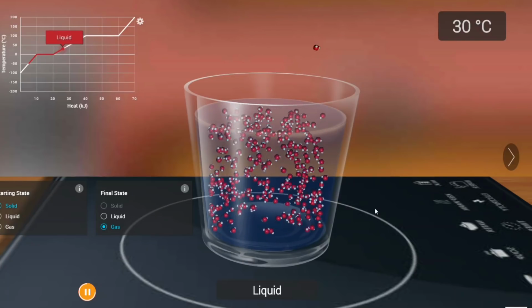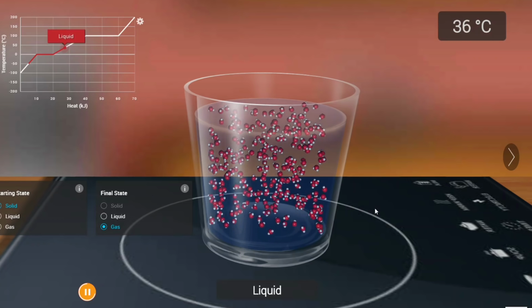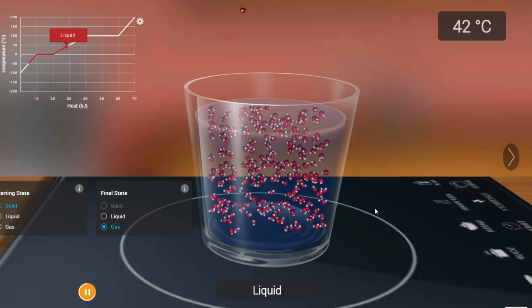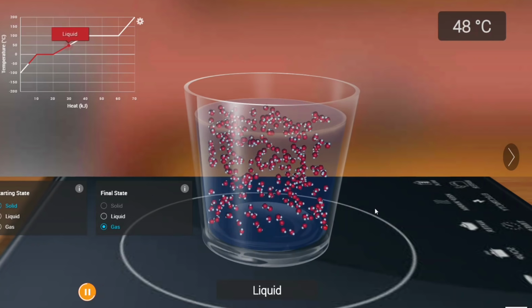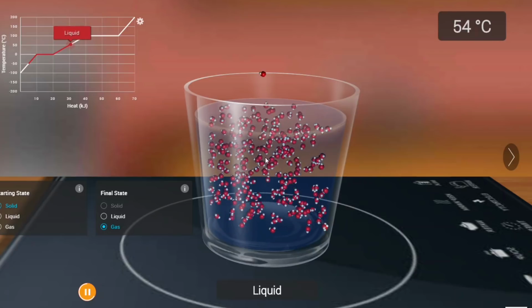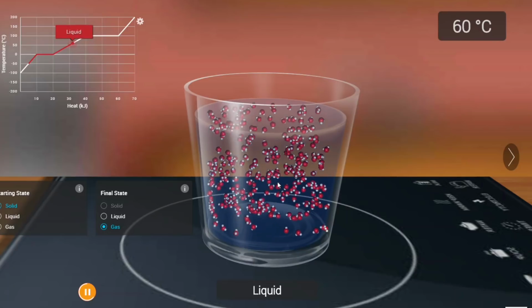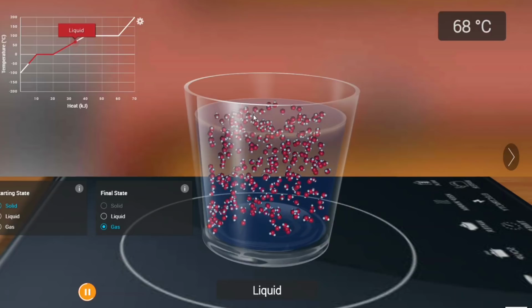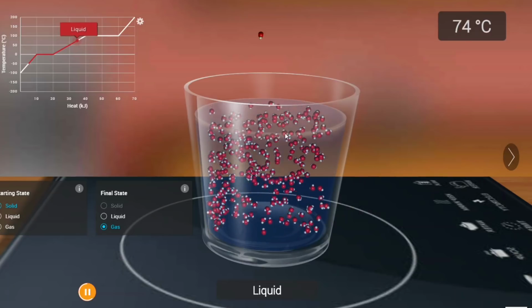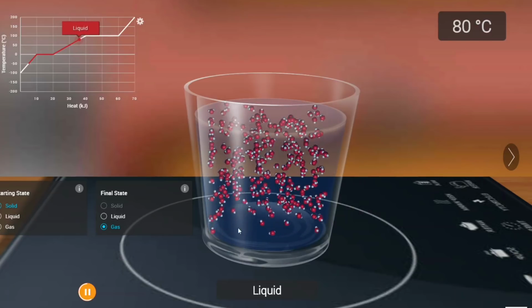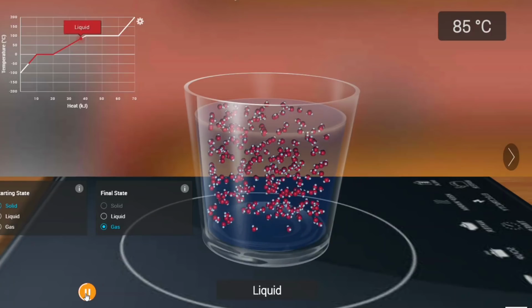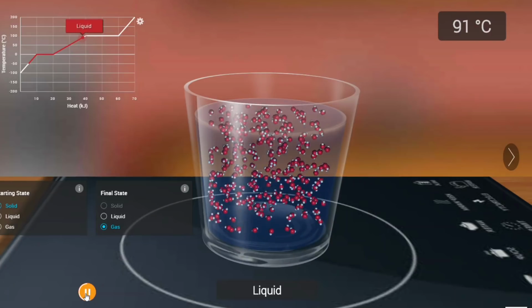That's what evaporation is, right? That's where liquid turns into a gas. But as the temperature is increasing, the molecules have much more kinetic energy, and are better able to break free of all of the interactions that are holding them together. So that's what's happening here.